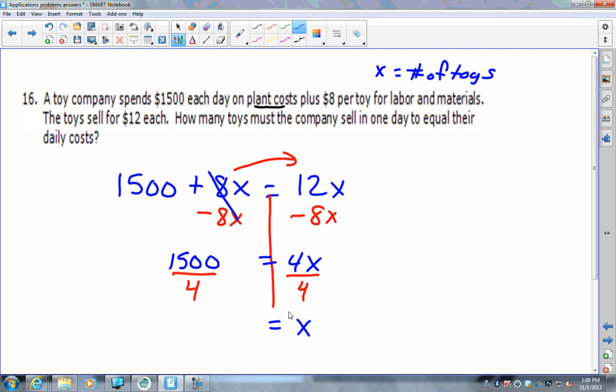Gotta help me out. I don't want to pull up my calculator. 375. So that means that I need to sell 375 toys each day to cover my cost. See, because right here, this is your break-even point. Now, any toys you sell over that, that's going to make a profit for you.